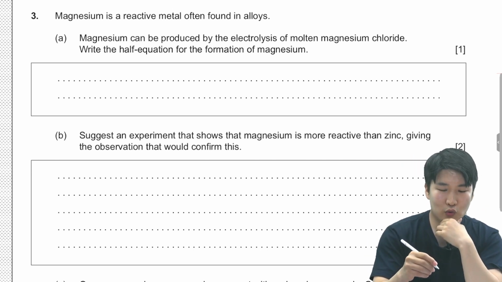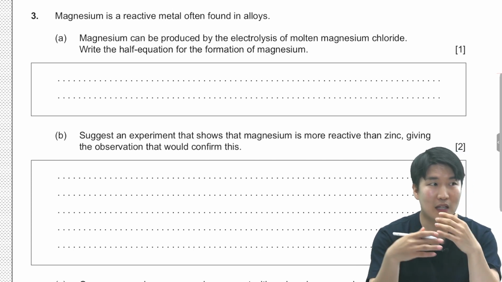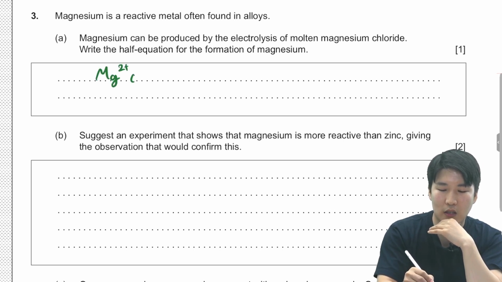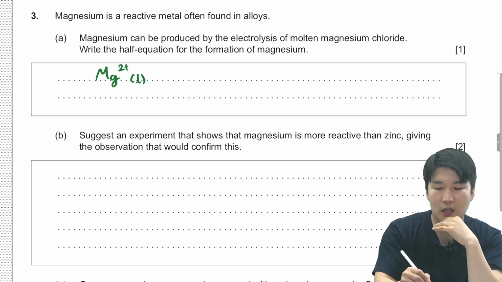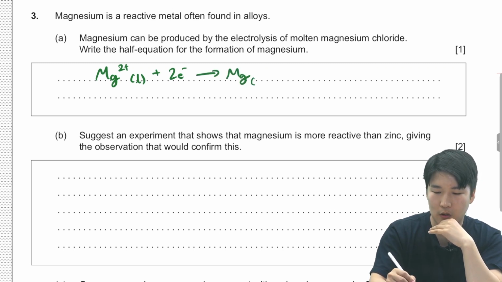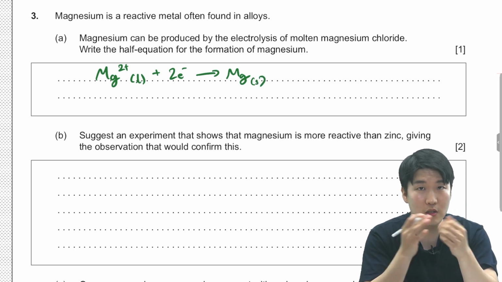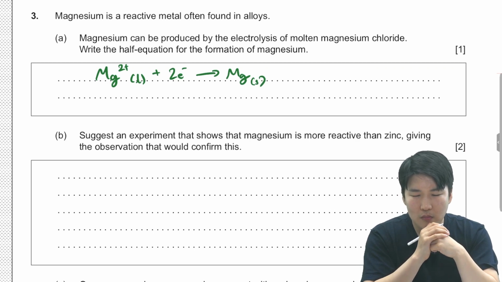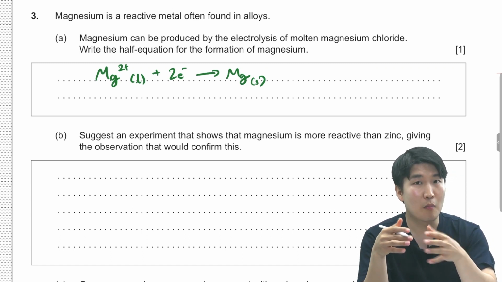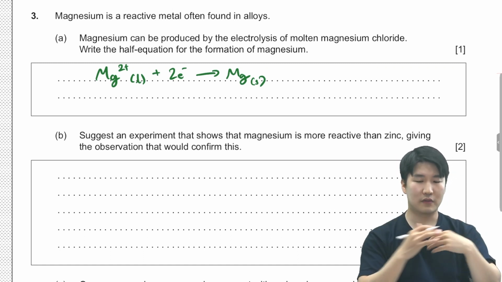We will need to reduce magnesium 2 plus to magnesium solid, and that is indicated by magnesium 2 plus liquid turning into magnesium, with addition of electrons, solid, where we will see deposits. But if the temperature is high enough, the state of magnesium may be molten liquid.